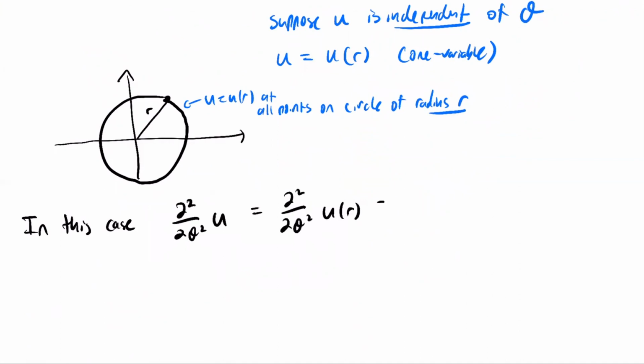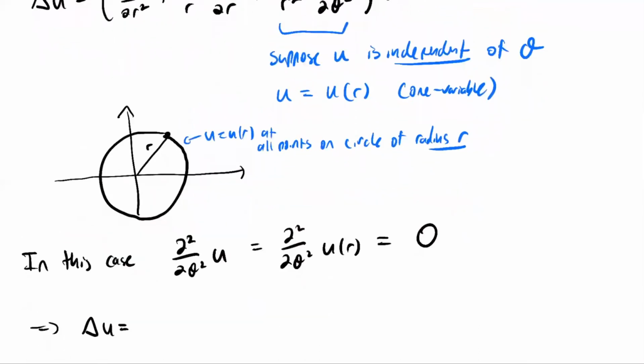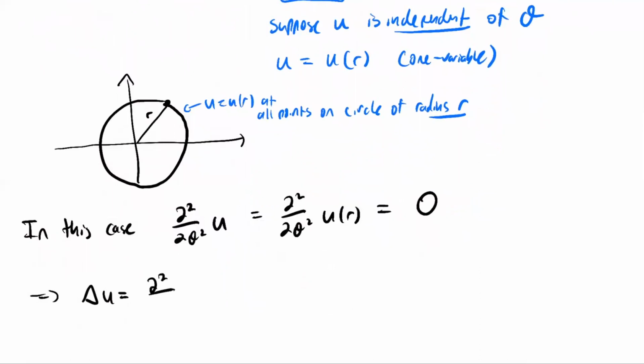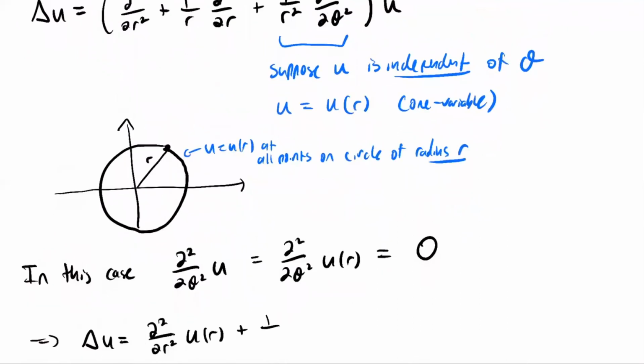Since it doesn't depend on theta at all, this is just 0 because it's constant with respect to theta. It only depends on r. And so this tells me that the Laplacian of u is given by the second derivative with respect to r plus 1 over r times the first derivative.